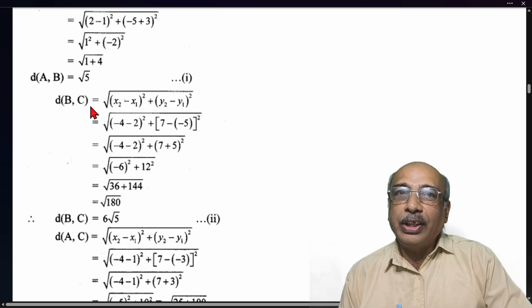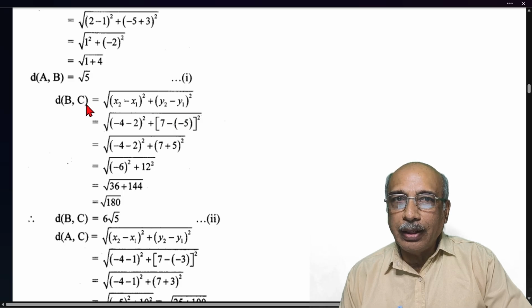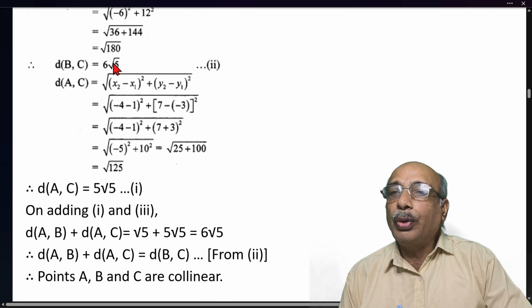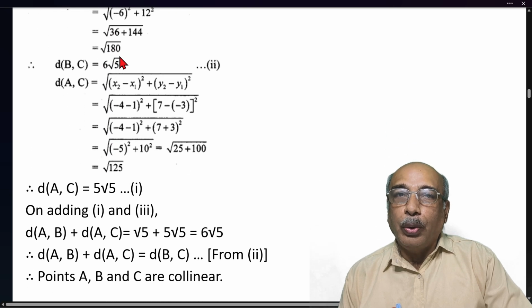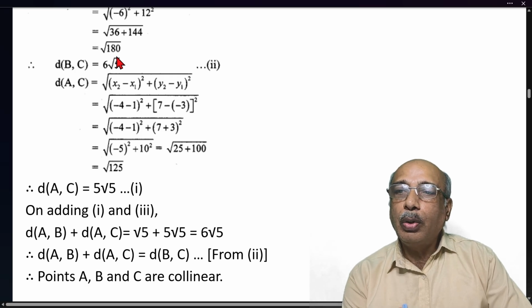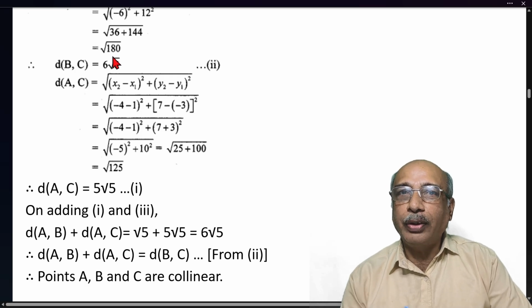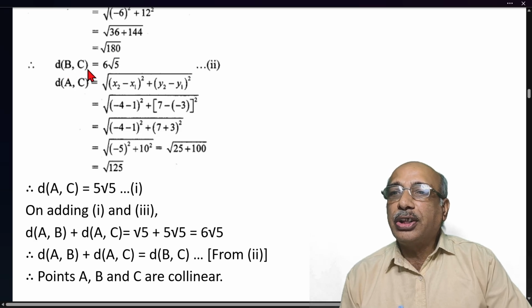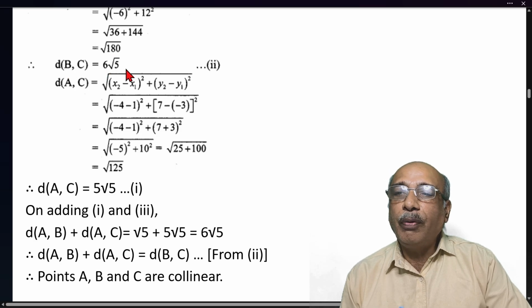To find distance BC, again apply the distance formula, substitute the coordinates of points B and C, and after calculations, distance BC equals root 180. Root 180 is nothing but root of 36 into 5. Root of 36 is 6. So distance BC will be 6 root 5.